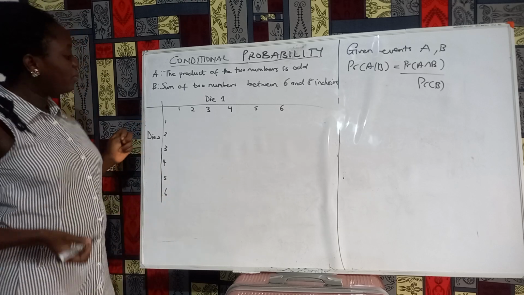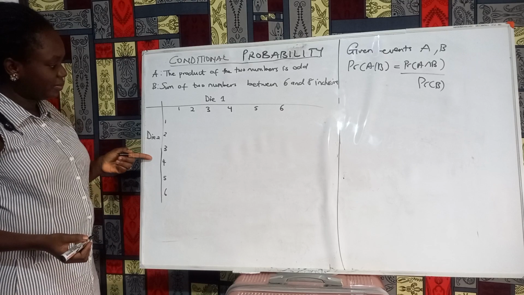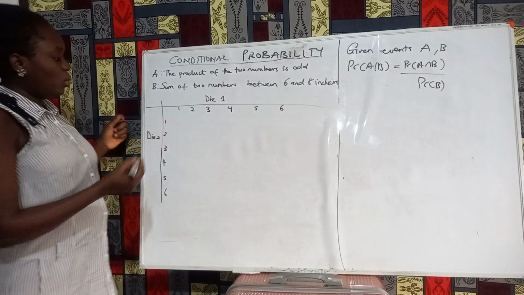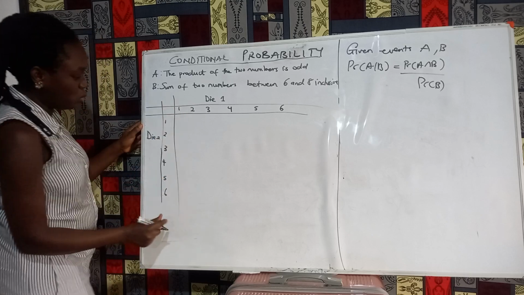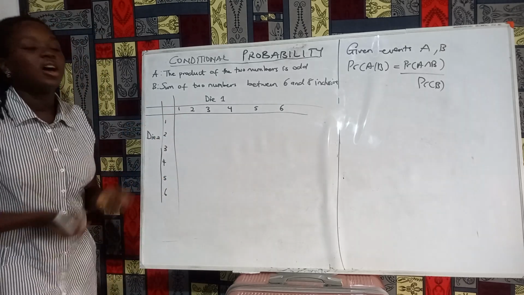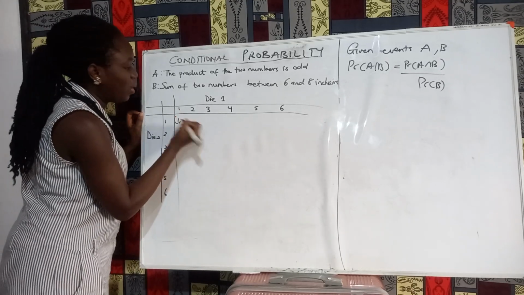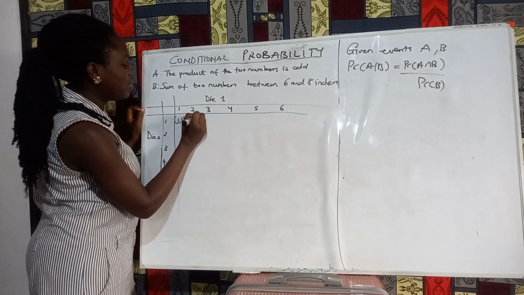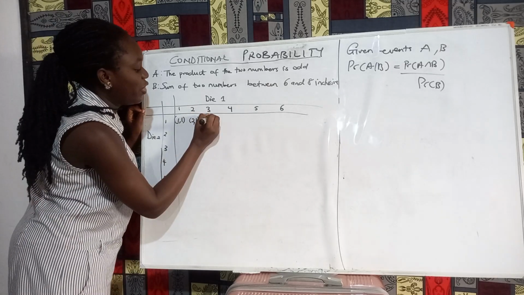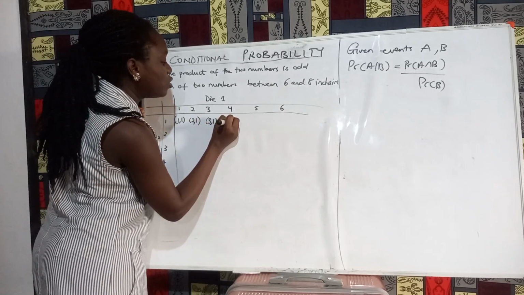If you see it this way, now we have all the possible outcomes for die 1 and for die 2. If I toss these two dice together, I can either get a 1 on the first and a 1 on the second, or a 2 on the first and 1 on the second, or a 3 on the first and 1 on the second, and so forth.